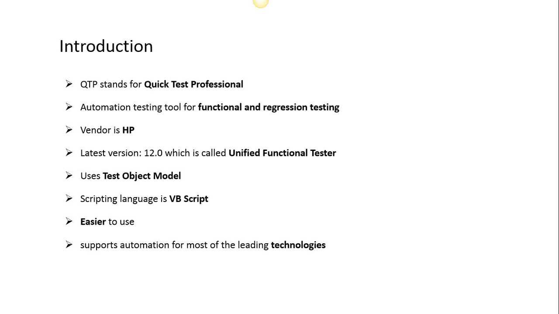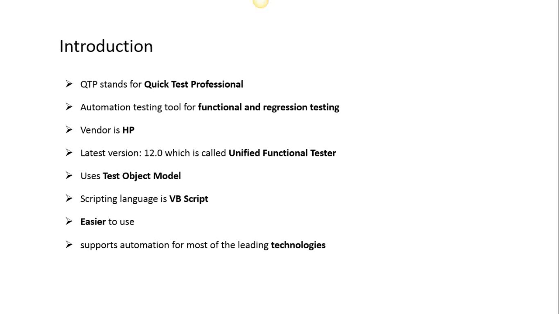So QTP and UFT you can call synonyms, but there is a major difference between them. Till version 11.0 it was called QTP, and from 11.5 and 12 it is called Unified Functional Tester. The major enhancement made to UFT is that it has all the features of QTP, which is used for functional testing, and there is additional functionality provided for API testing as well.